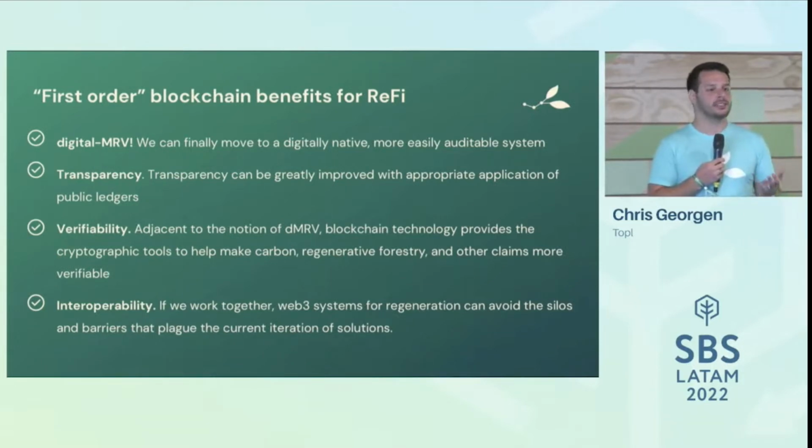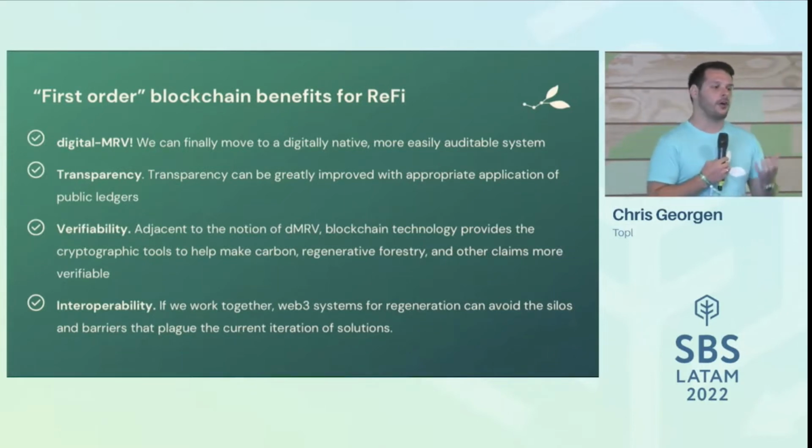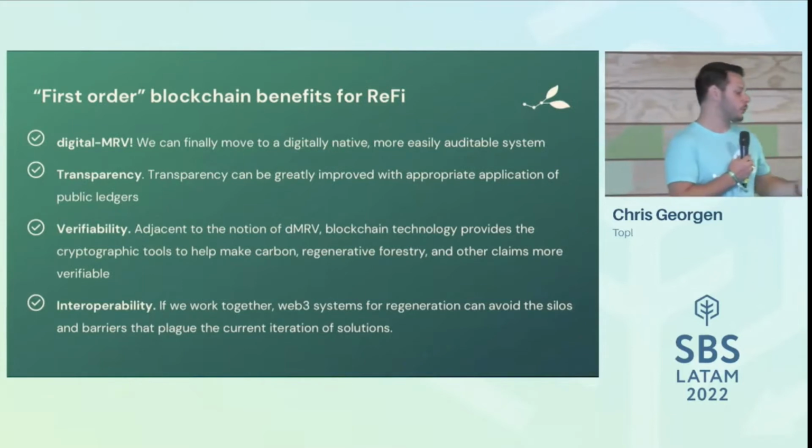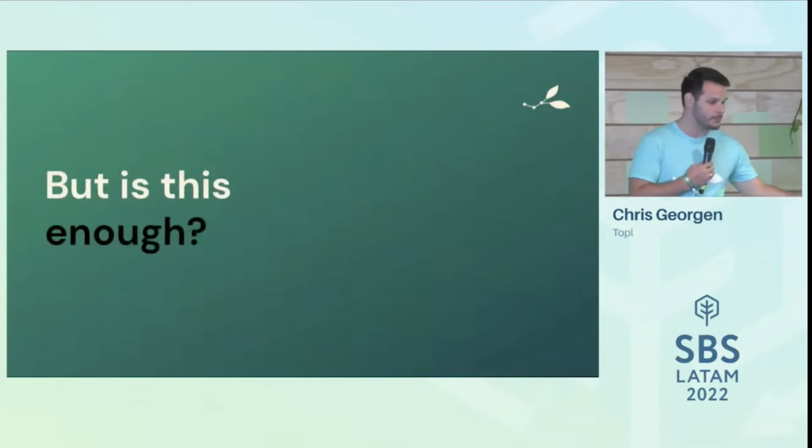We had 6 different blockchain protocols come together and commit to building a cross-chain solution so we could more seamlessly transfer carbon credits amongst 6, I think, very exciting different blockchain protocols. Those are the hard, technical benefits, what I'm going to refer to as the first order advantages of using blockchain technology for ReFi, carbon markets, and everything like that.